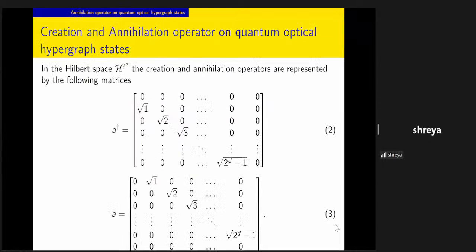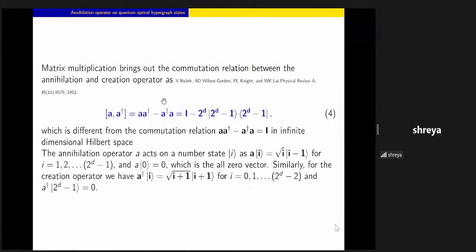And we have taken the creation and annihilation operators as these two matrices, and the corresponding commutation relation for the finite dimensional Hilbert space is not the same as for the infinite dimensional Hilbert space, as we study in our books. This will not come to the identity I; it will have another part.